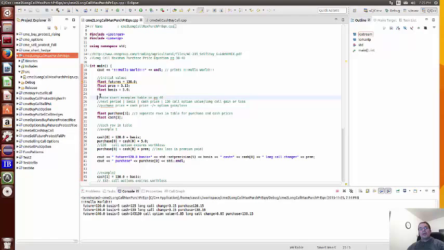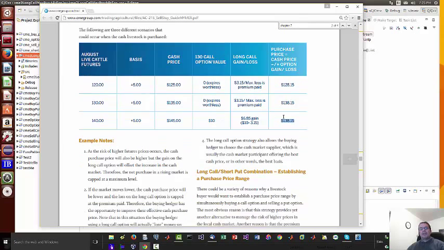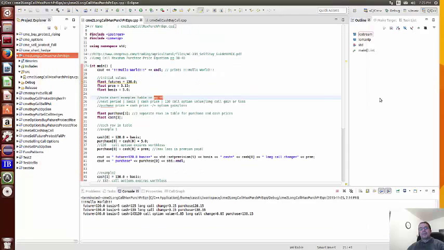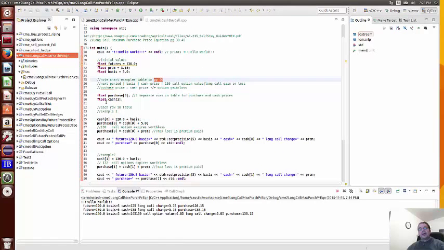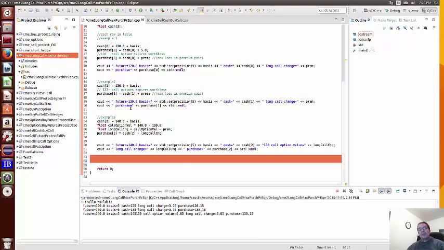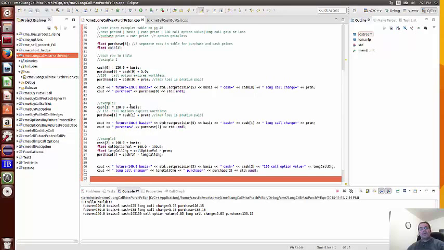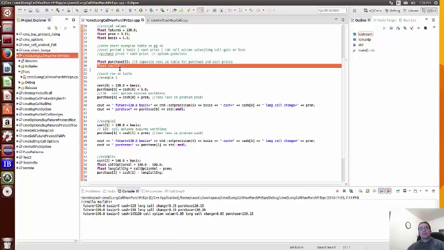What I want you to realize is you have to pay attention to that table I just showed you in that PDF, found on page 40. From there, I create 3 arrays, one for the purchase price of the different conditions, and one for our cash price as well.